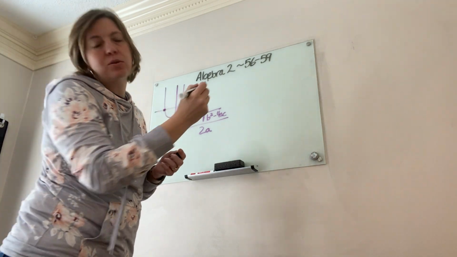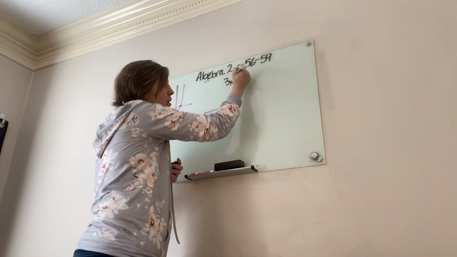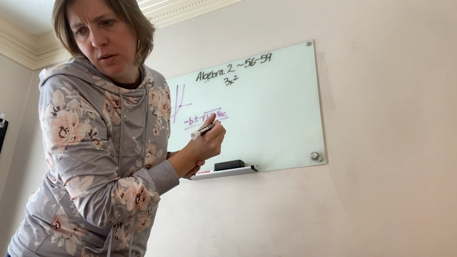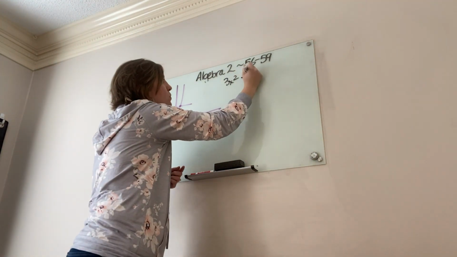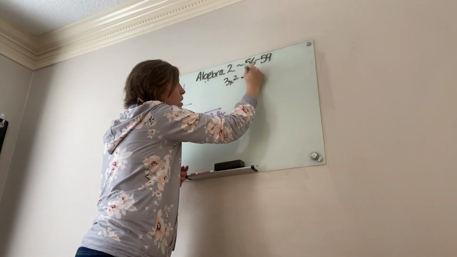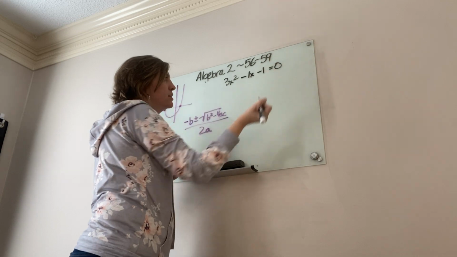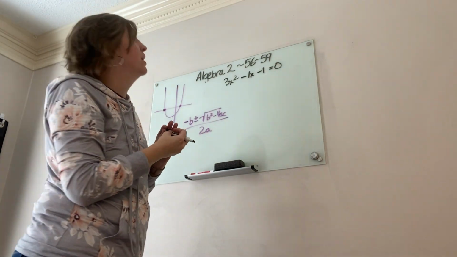Practice B is 3x squared minus x minus 1. All right, so same thing I can do there.